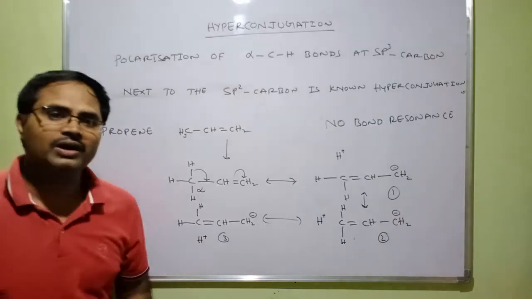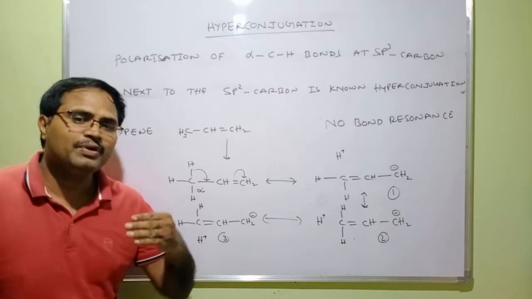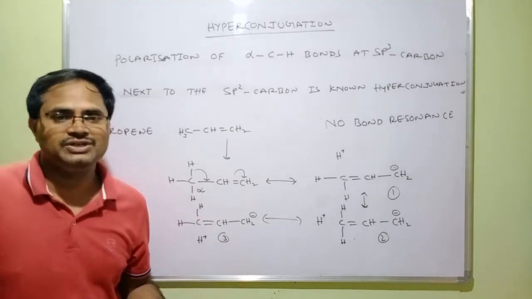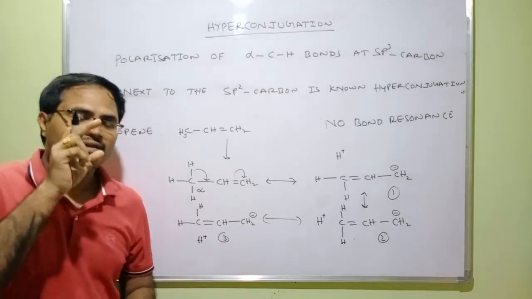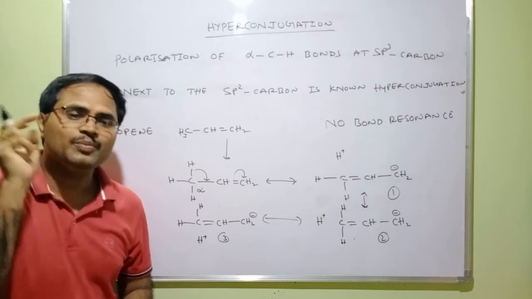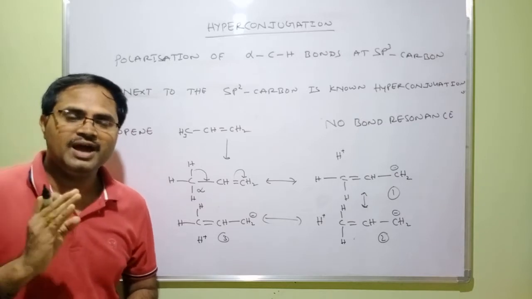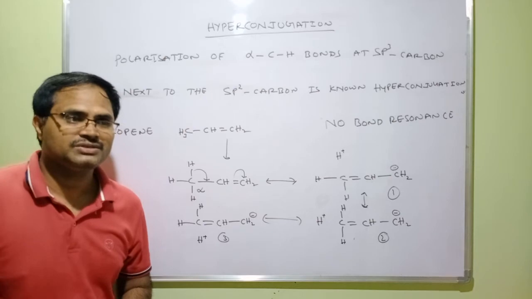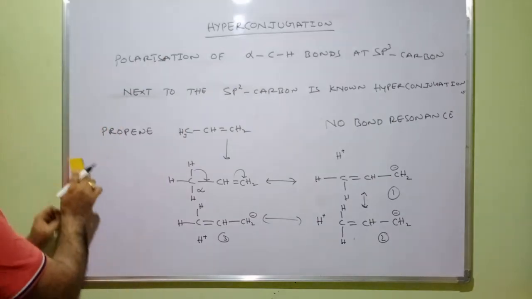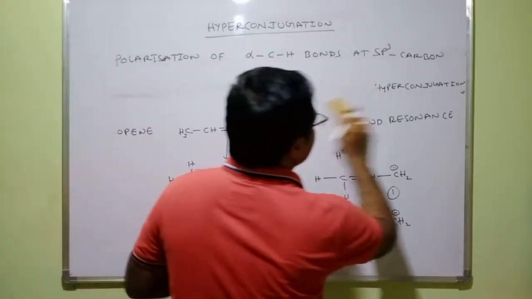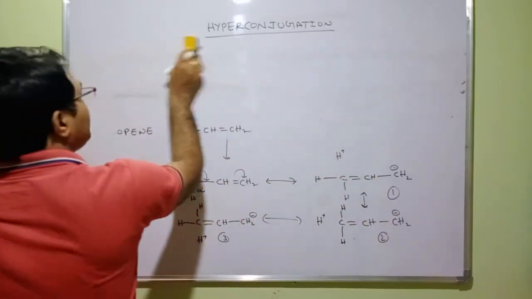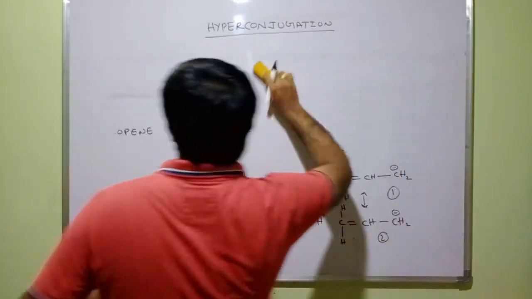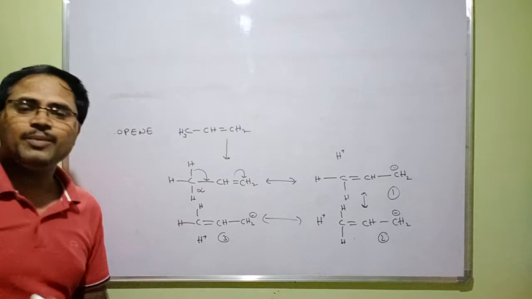The higher the number of hyperconjugated structures, the higher the stability. The stability of an alkene is always directly proportional to the number of hyperconjugated structures. That is a small trick you should understand, because in IIT JEE and NEET exams, such questions keep coming.